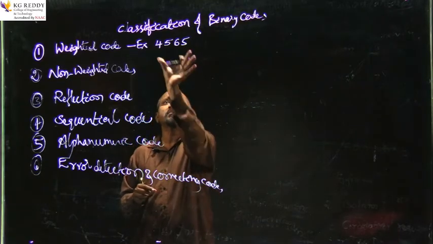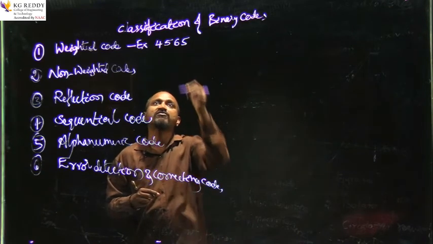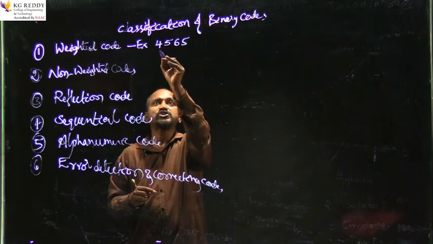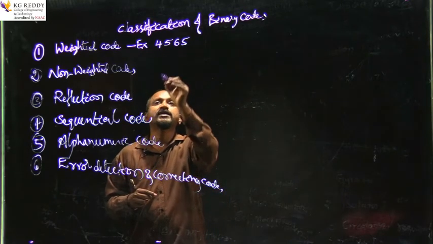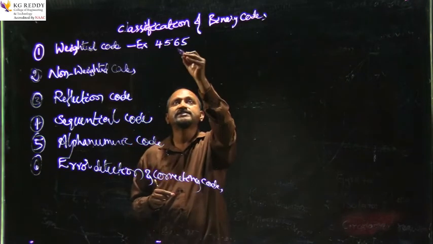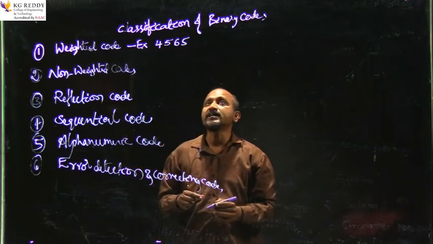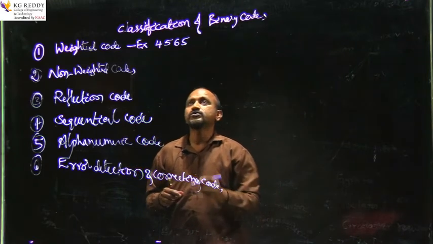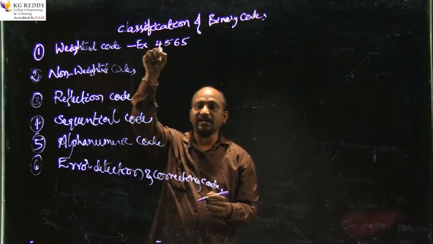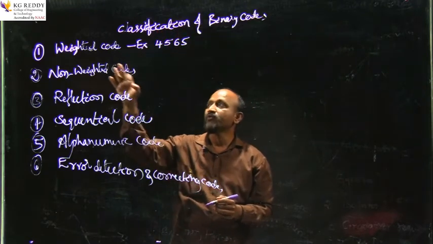In this number, 4 is at the 1000's weight, 5 is at the 100's weight, 6 is at the 10's weight, and 5 is at the 1's weight. So each digit has its own weight, and all such codes come under weighted codes.